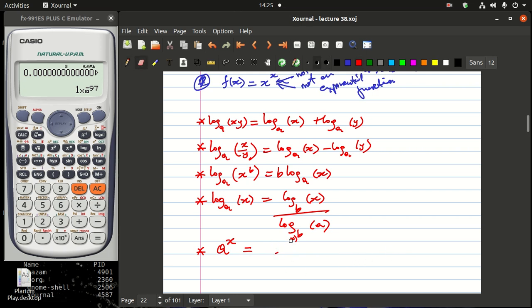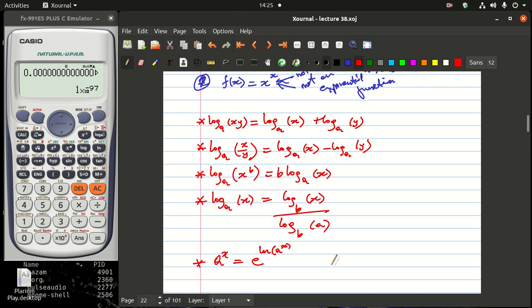Let me rewrite this because it's going to make us not see what I'm actually doing here. We said that whenever I have a to the power x, this is the same as base e times ln of a to the power x, or log base e, because ln is the same as log base e. So this is the same as that.